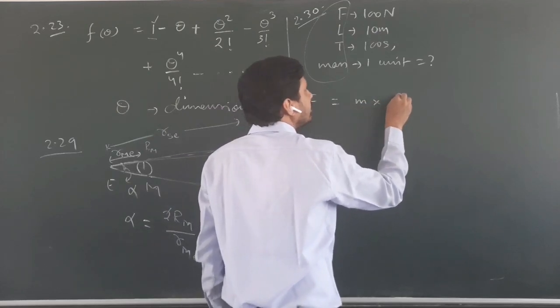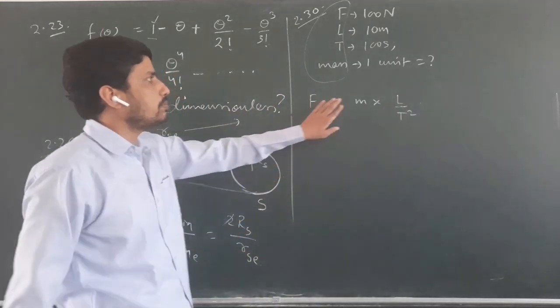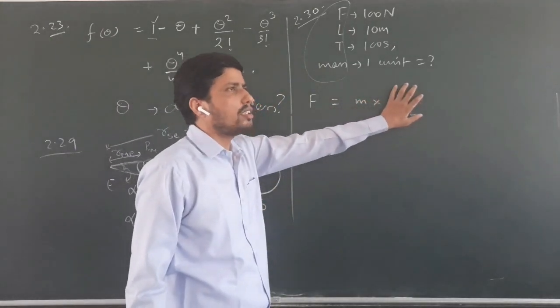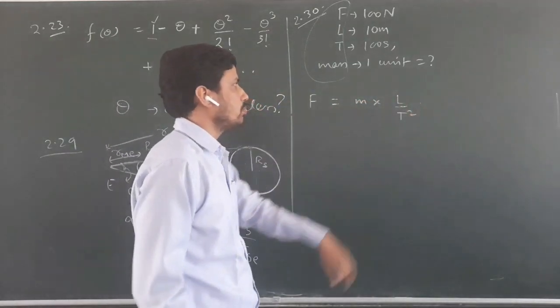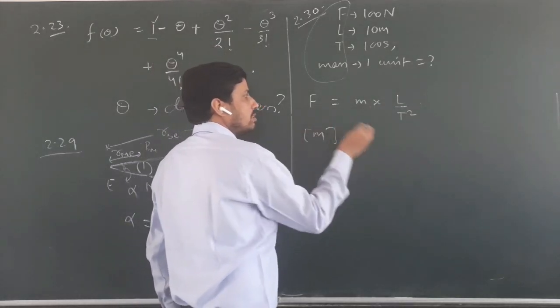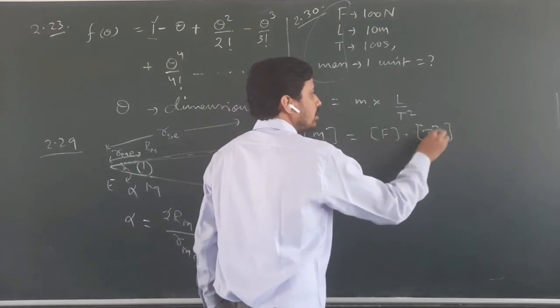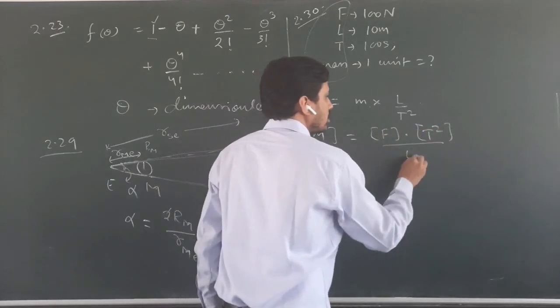Acceleration is length by time square, meter per second square. So the dimension of mass is the same as the dimension of force into square of dimension of T by dimension of L.